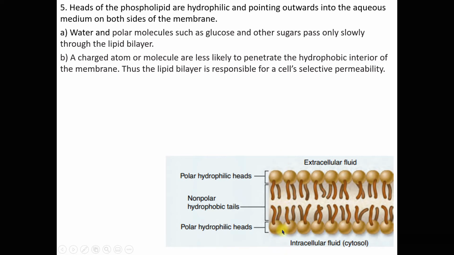Okay, so charged atom, alright, contohnya ion. So cerita charged atom ni yang ion lah. Okay, ion contohnya macam sodium, dia tidak boleh simply pass through ni, tak boleh. So macam mana sodium ion boleh masuk ke dalam cytoplasm? Yes, melalui integral protein.